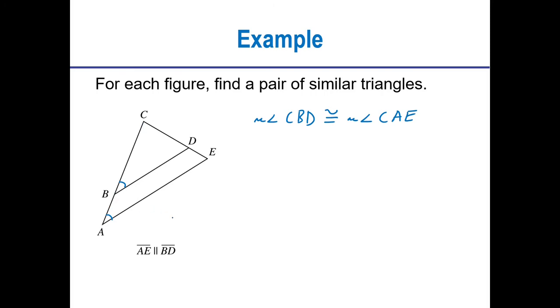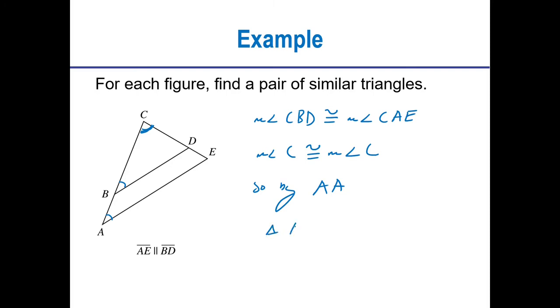The measure of angle C is congruent to the measure of angle C because that's the same angle.